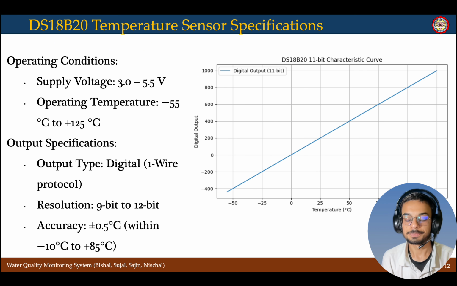Now the DS18B20 temperature sensor. The other three sensors have an analog output type, but this one has a digital output. This temperature sensor senses electrical resistance or voltage changes whenever there is a temperature change, and according to those changes in resistance, the analog parameter is converted to digital by the ADC inside the temperature sensor.